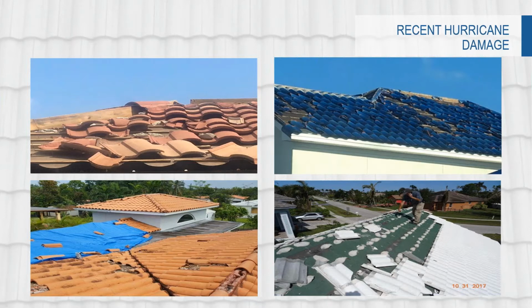The most important thing is how the tile is attached. Those bottom two photos that you see were taken from Hurricane Irma in the Marco Island, Naples area, Florida. You can see the trim, which we refer to as the hip and the ridge tile there, kind of being airborne.